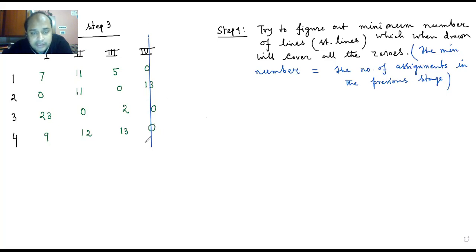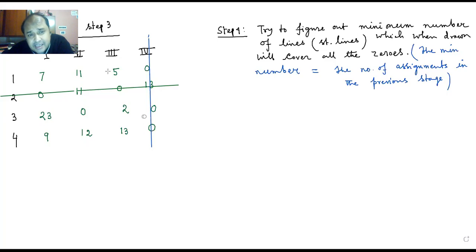And not only is it covering zeros, some other numbers falling on the path are also covered, like 13. The second line that I'm going to draw is the following. And the third line that I'm going to draw can be of 2 types. Either I can draw it vertically like this, or I can do it horizontally like this.